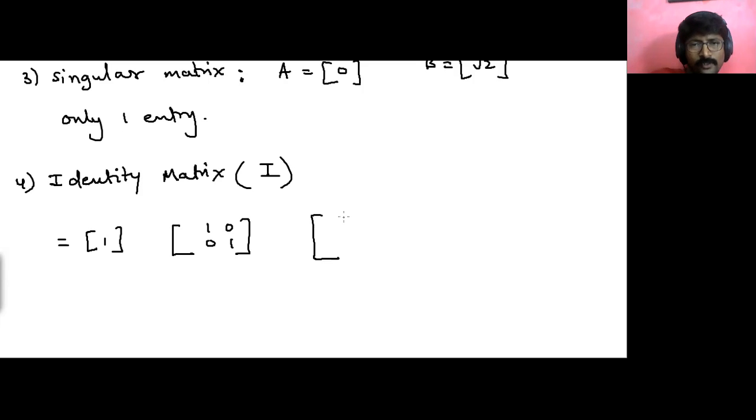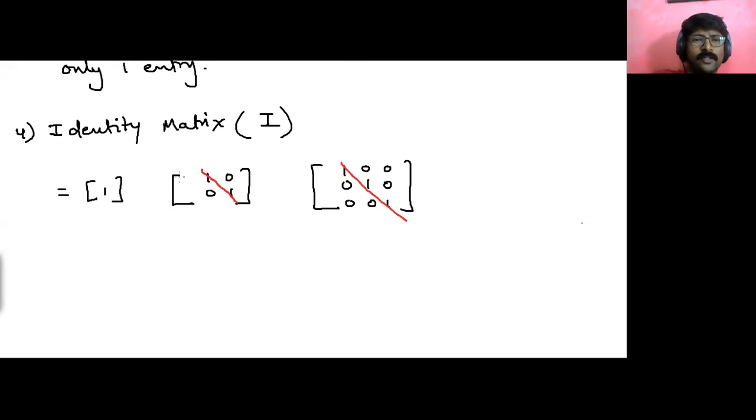If it is 3 by 3, 1 0 0, 0 1 0, 0 0 1. So this diagonal is called the principal diagonal. The diagonal entries are always one, if you'll notice. And apart from those entries, other entries are zero.